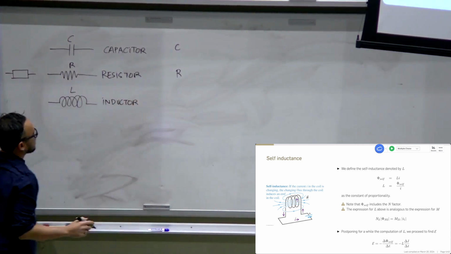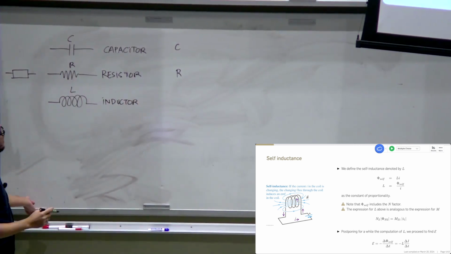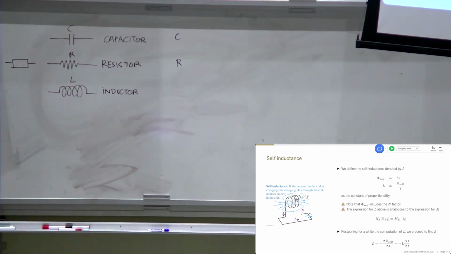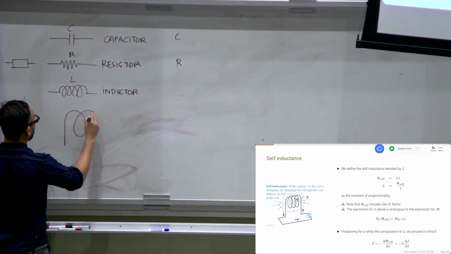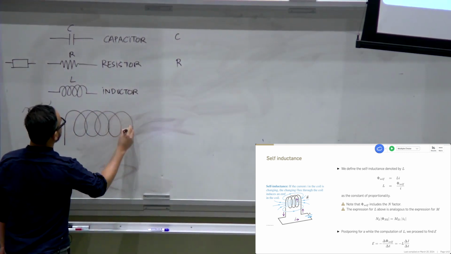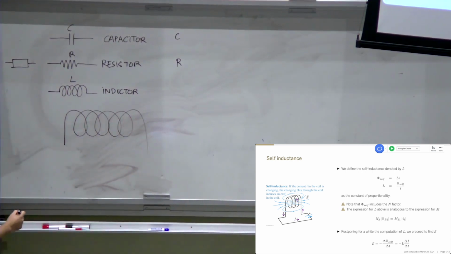So what is an inductor? Anyone wants to help? No? Okay, so an inductor is basically a coil. It has something to do with mutual inductance, but with one coil.